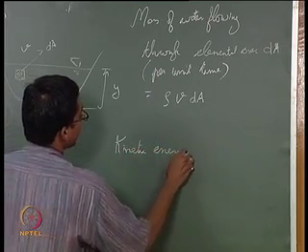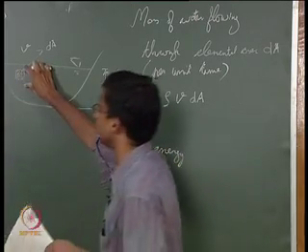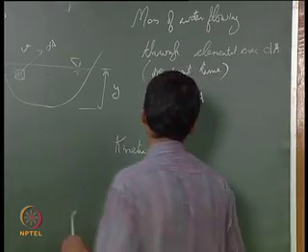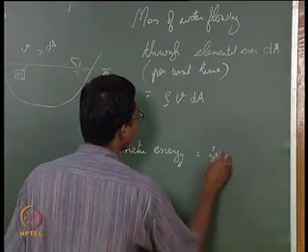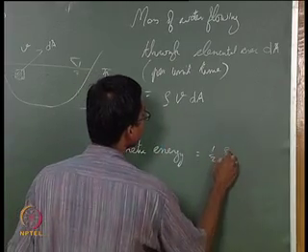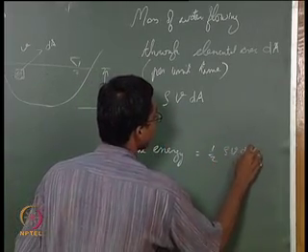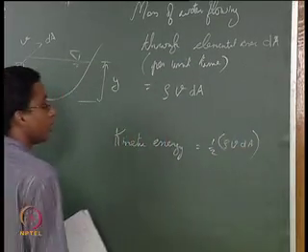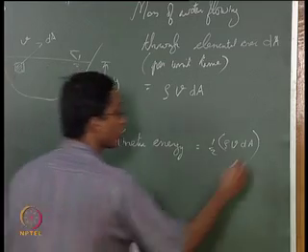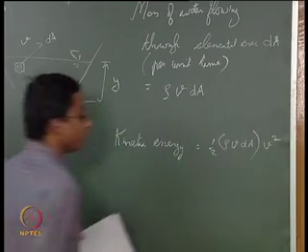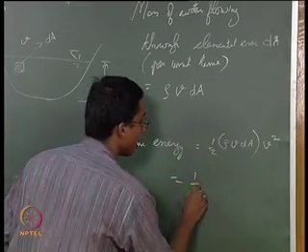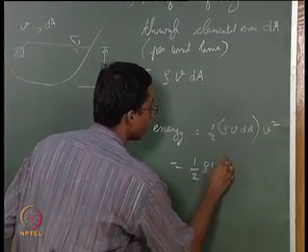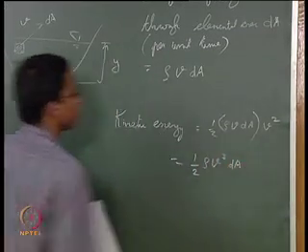Kinetic energy that gets transferred through this small elemental area per unit time can also be given as half into mass, half mv squared, right. So, this is nothing but half rho v cube dA.